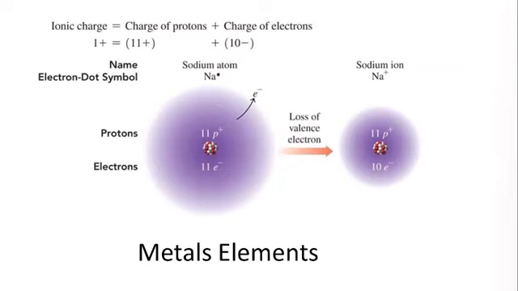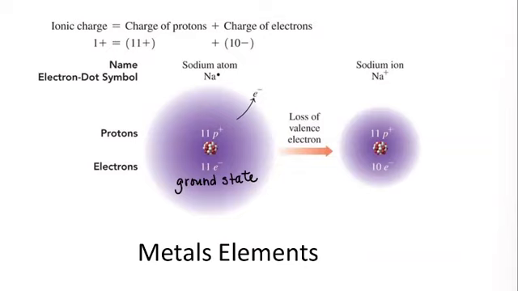If we look at ground state sodium, we know that the atomic number for sodium is 11. That means sodium has 11 protons, 11 electrons, and based on the mass number 23, it has 12 neutrons, right?